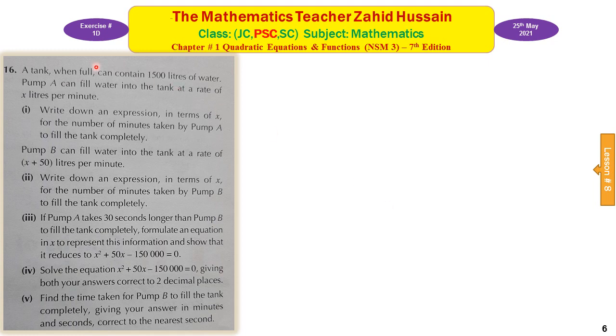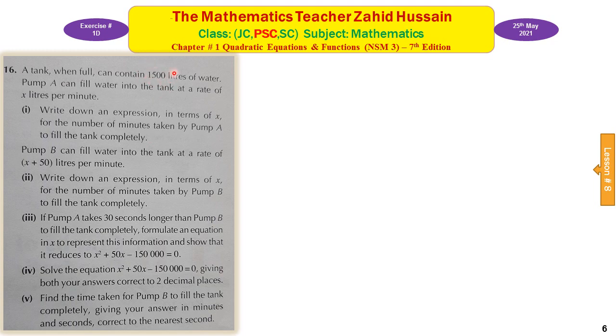In question number 16, a tank when full can contain 1500 liters of water. Pump A can fill water into the tank at a rate of x liters per minute. Write down an expression in terms of x for the number of minutes taken by pump A to fill the tank completely. So you need to find the time taken by pump A to fill the tank.